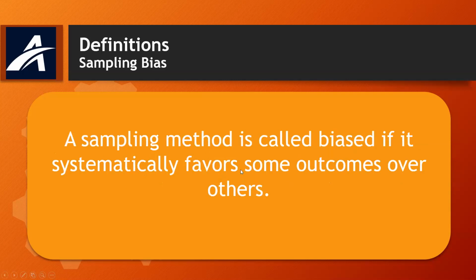Now sampling bias is when the way you sample or the way you choose those individuals systematically omits or favors the outcome.